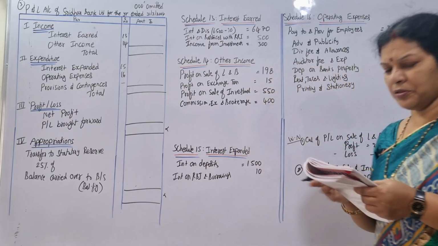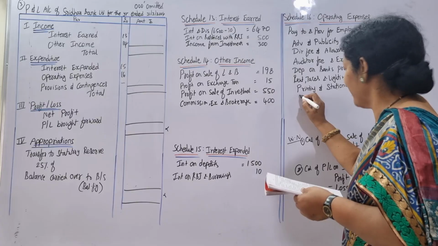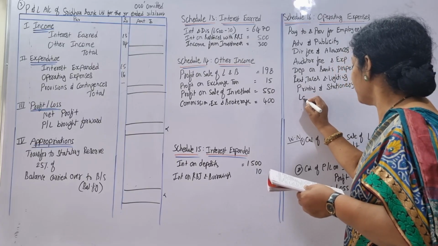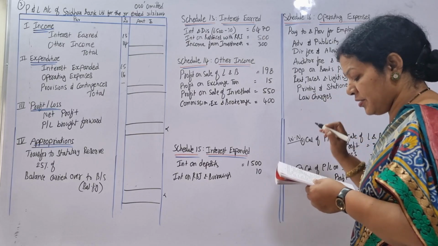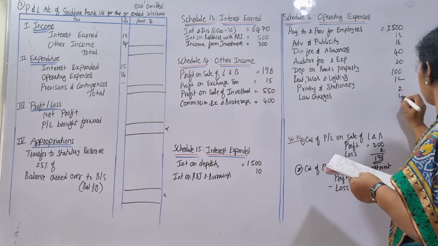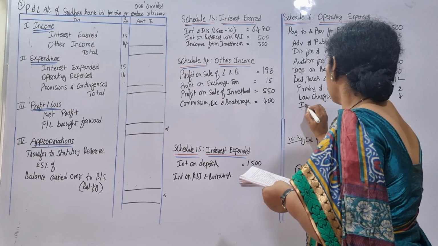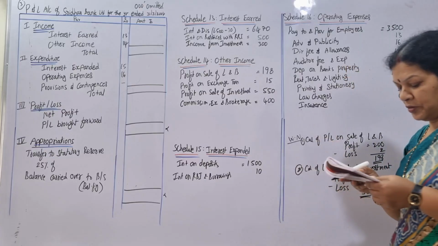Next, law charges, insurance, come to operating expenses. Law charges are 2. Insurance is 4.